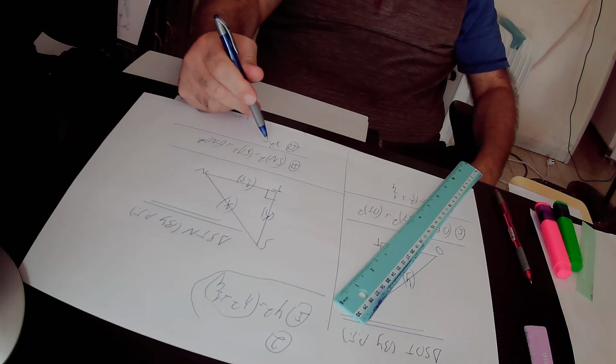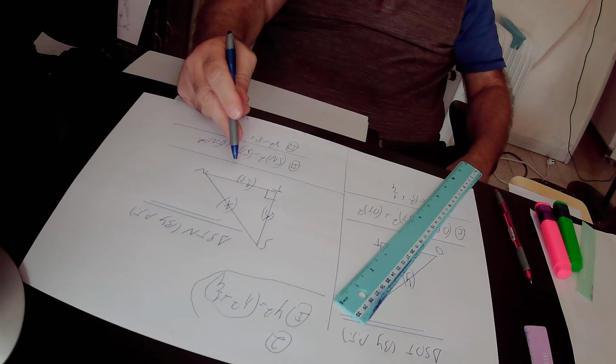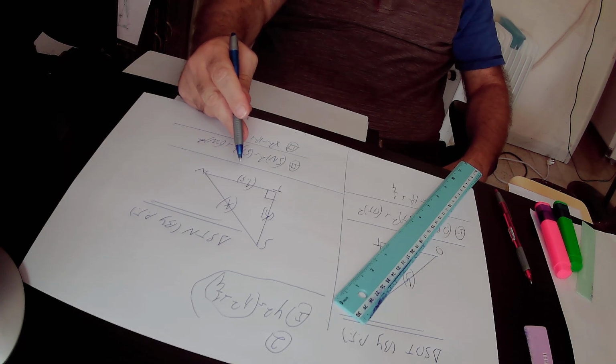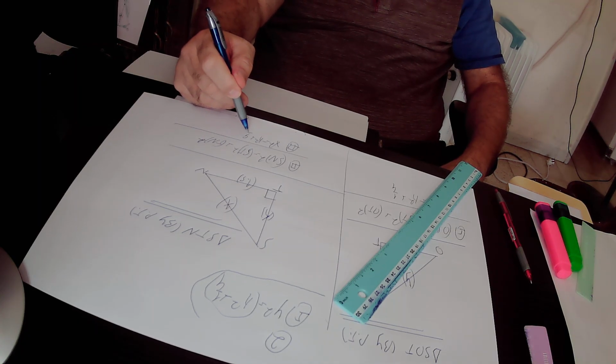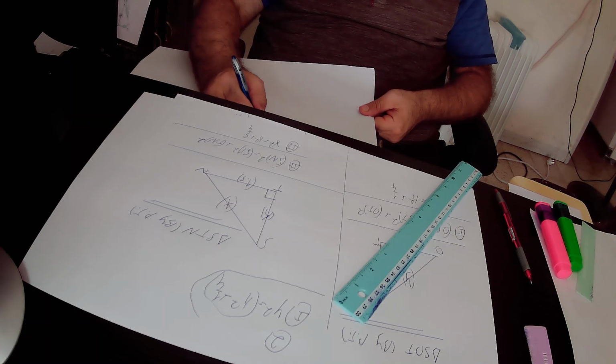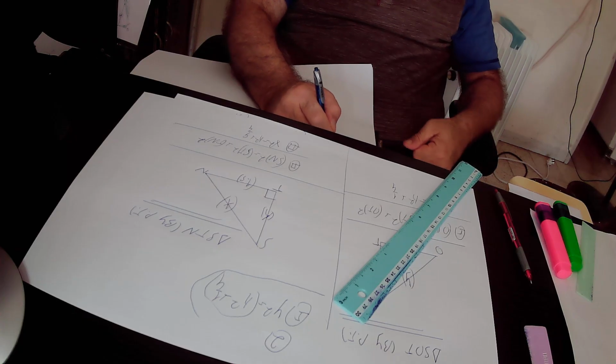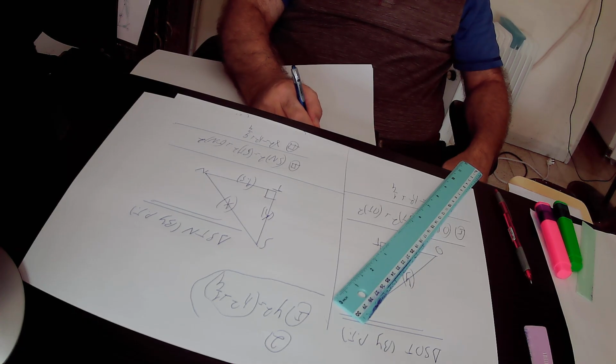ST is h, therefore ST squared is h squared, plus TN squared. TN is 3/2, therefore TN squared is 3/2 squared, that is 9/4. So in total, according to equation 2, x squared equals h squared plus 9/4.